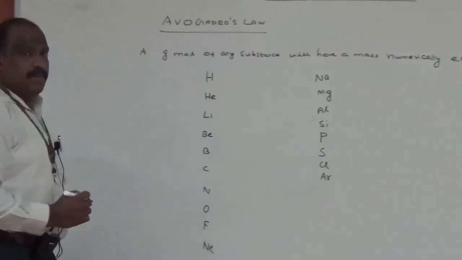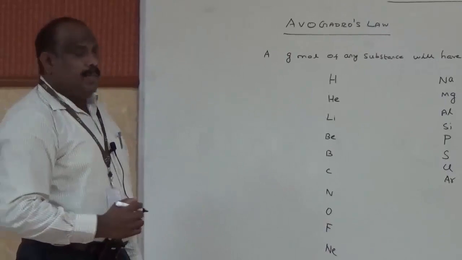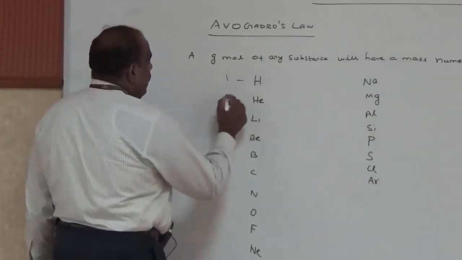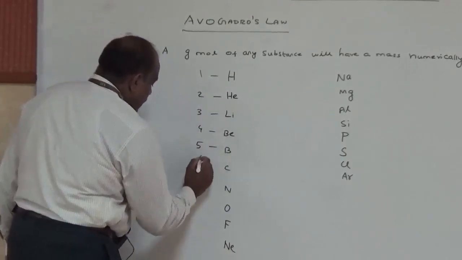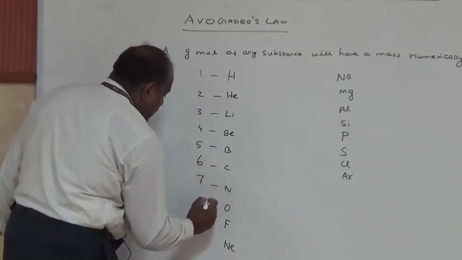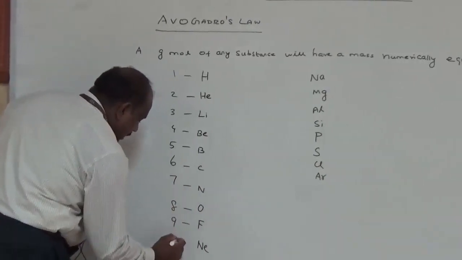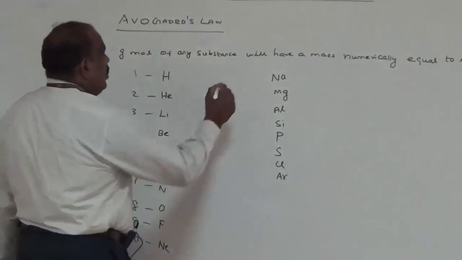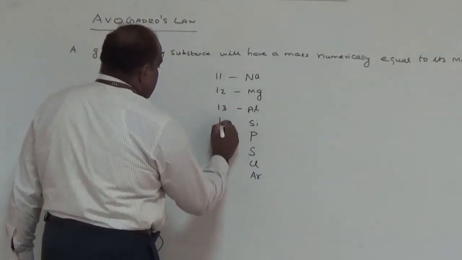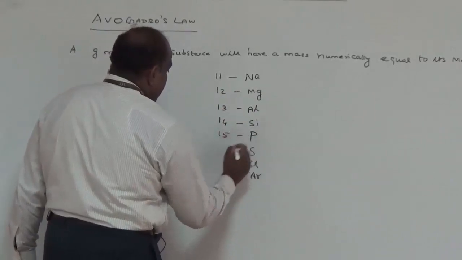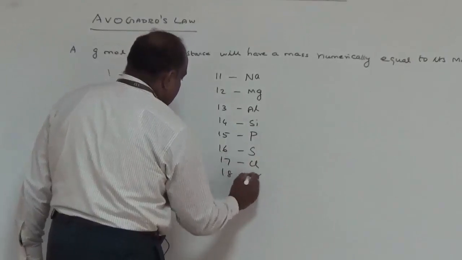Let us have the first 18 elements, arranged according to increasing atomic number: 1, 2, 3, 4, 5. Carbon is 6, nitrogen 7, oxygen 8, fluorine 9, neon 10, sodium 11, magnesium 12, aluminum 13, silicon 14, phosphorus 15, sulfur 16, chlorine 17, and argon 18.